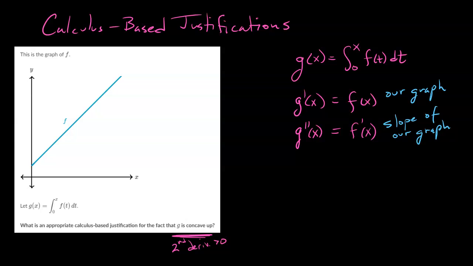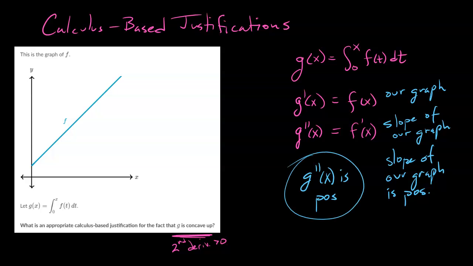So we need to know if the second derivative is greater than 0. Yes, because the slope of our graph is positive. So that means g double prime is positive, which happens to mean concave up. So that's the calculus-based justification.